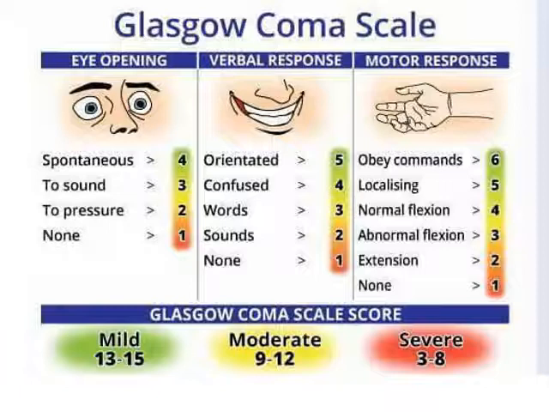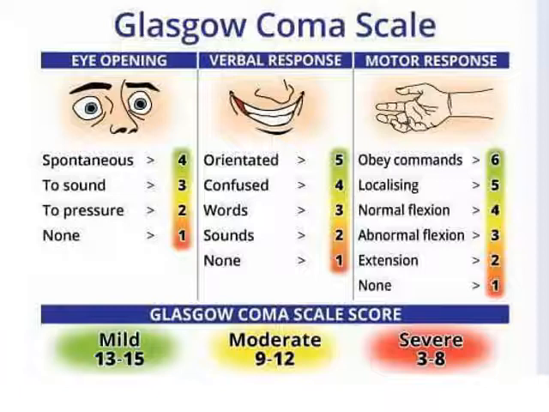And we provide you that number. You get the highest number according to your exam. So for instance, if on one side of your body you are localizing or flexing, but on the other side you're following commands, then you will get a 6 over a 4 or 5.